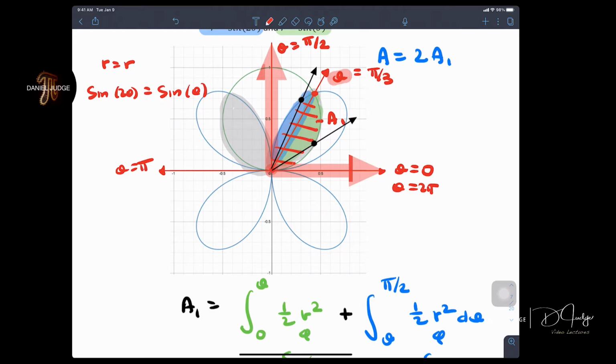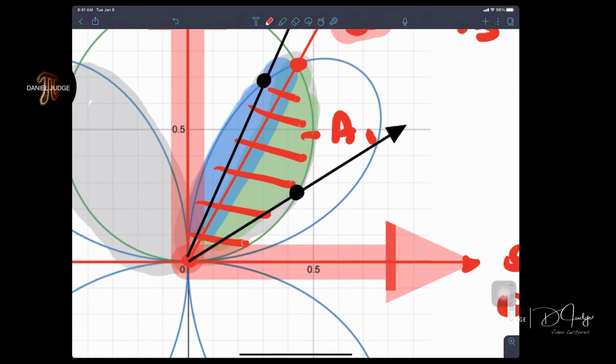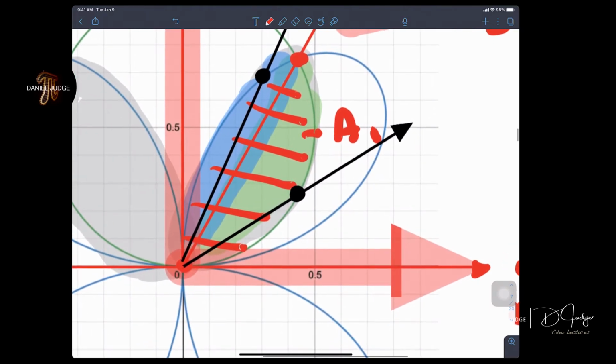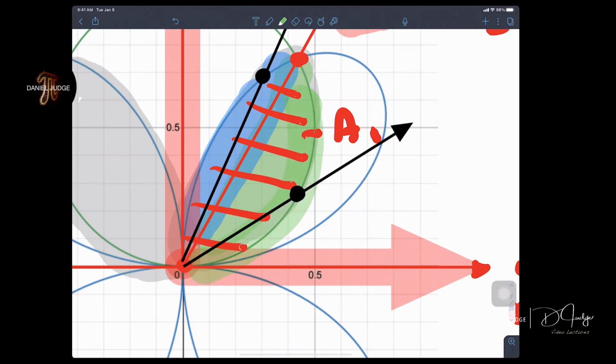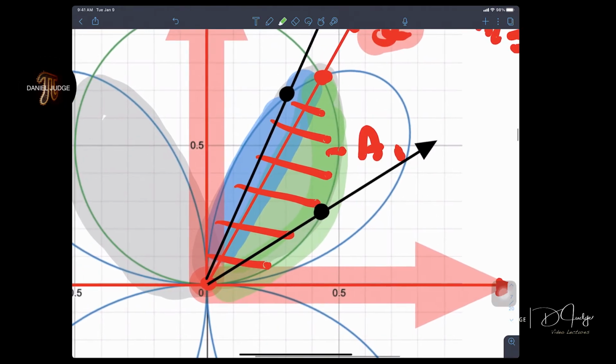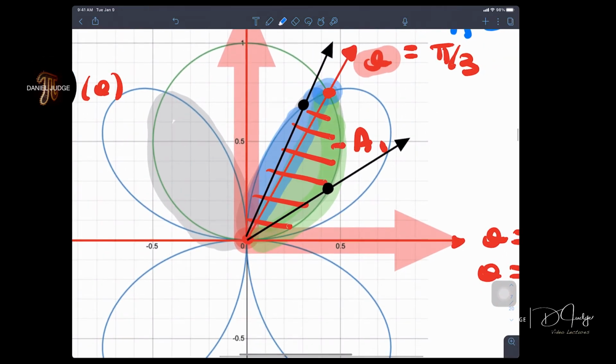So we're going to go from touching the green curve from 0 to pi over 3. We touch this green portion right here. And then from pi over 3 to pi over 2 now, we touch the blue curve, this portion, for that angle.